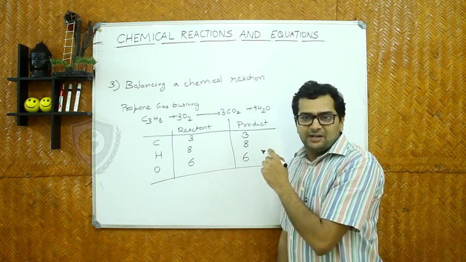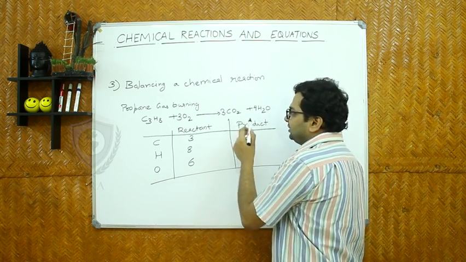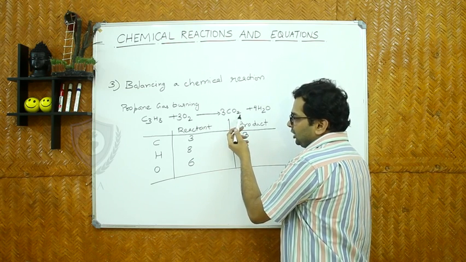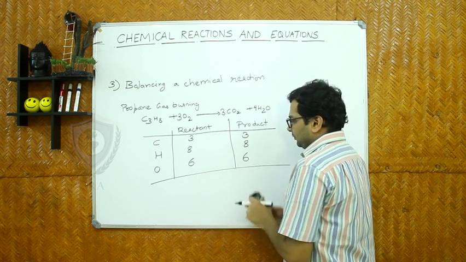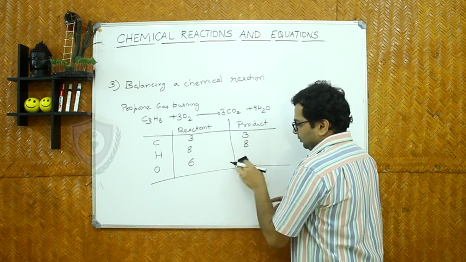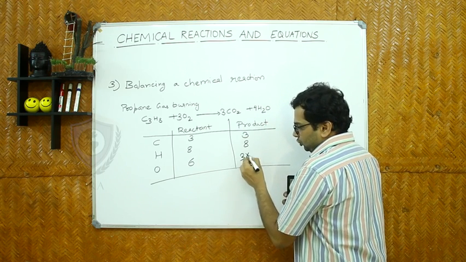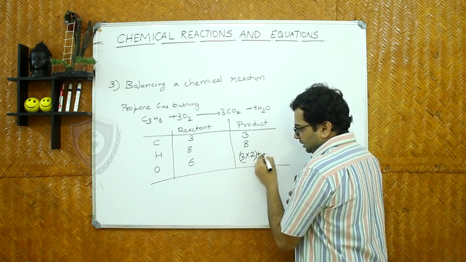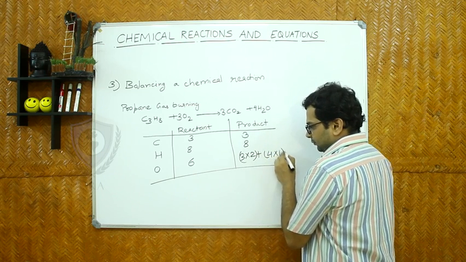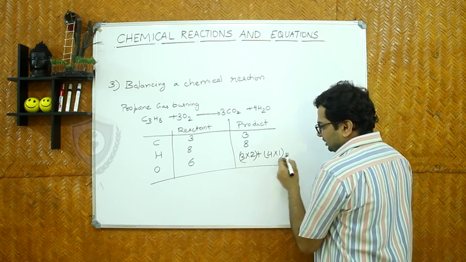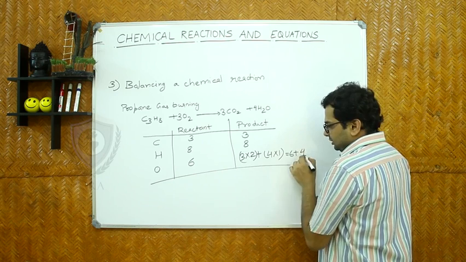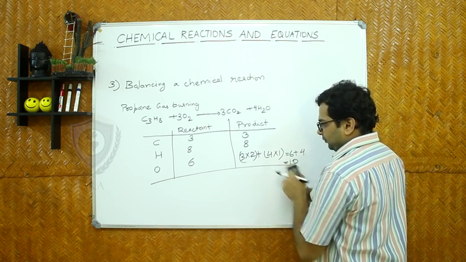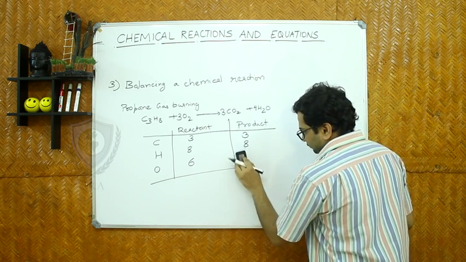But because we added a 3 here, the number of oxygen has changed into 3 into 2 is 6 and another 4 into 1, right? So it is 3 into 2 plus 4 into 1, which is equal to 6 plus 4 is equal to 10. So let's write it 10 here.